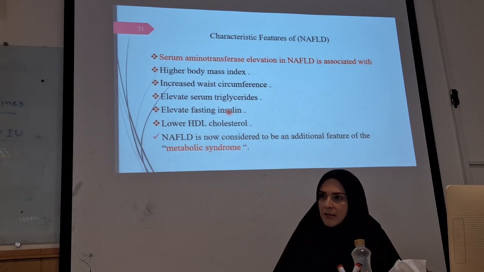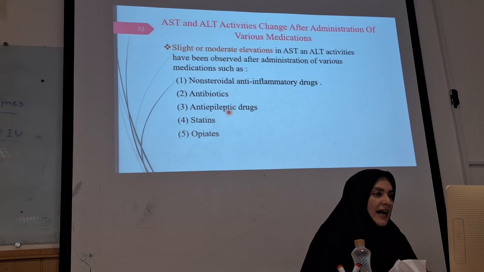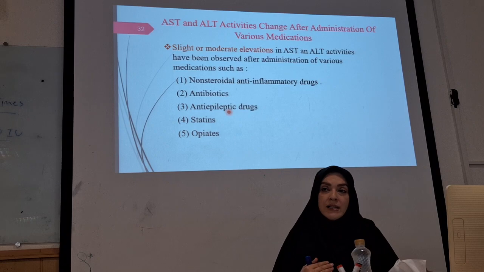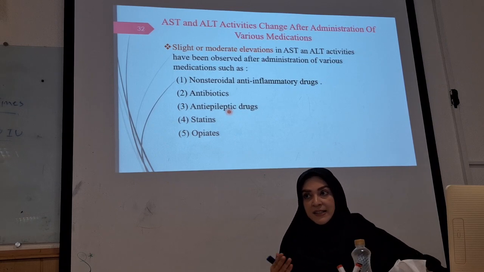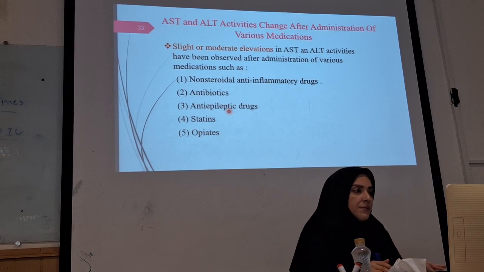So you should prescribe some drugs that are specific for NAFLD. And these patients are very, very susceptible to getting diabetes during the next years, okay? NAFLD is very related to diabetes, okay?